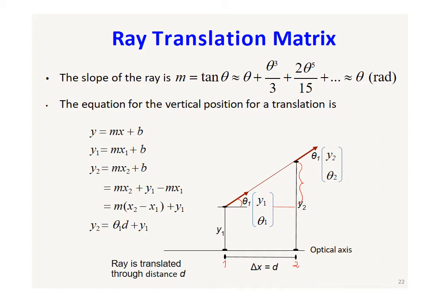Since we're using the paraxial approximation, then we know that tan theta is approximately equal to theta, and we're not going to use the higher order terms. Higher order terms are negligible. So that gives us an expression down here. y2 is going to be theta 1 times d, where d is the distance it's travelled along the optical axis, plus y1, the height at which it started.